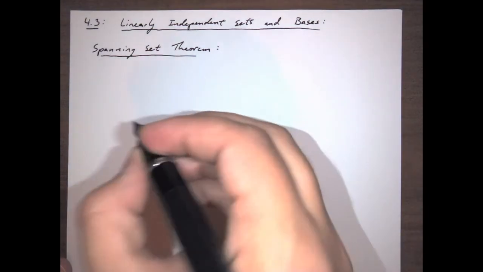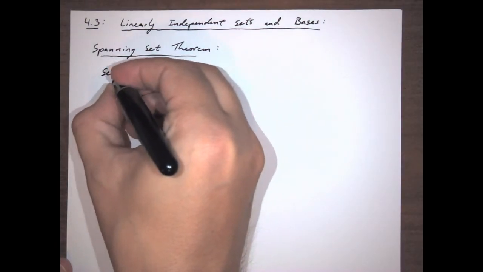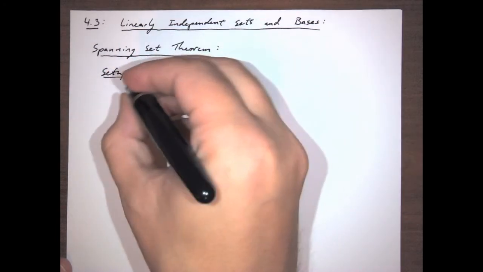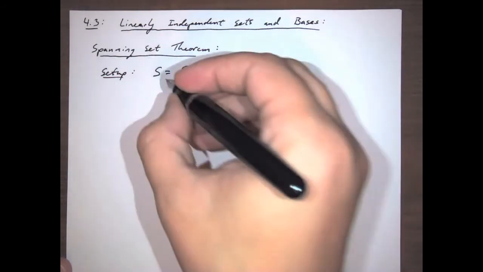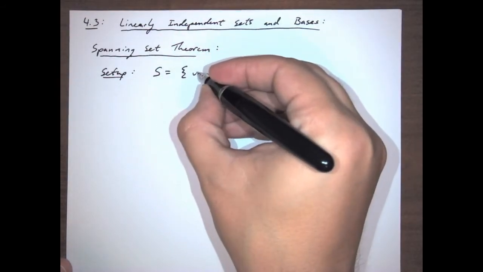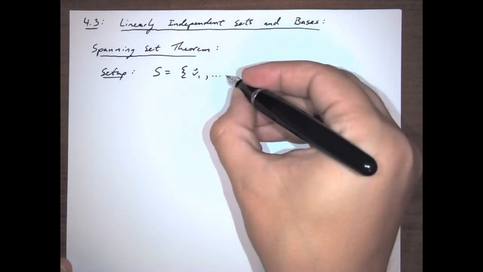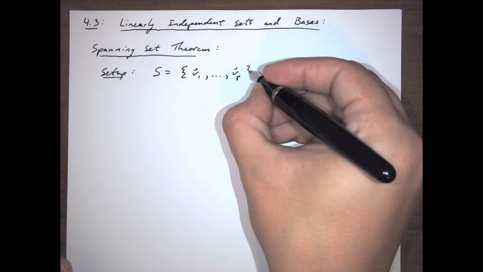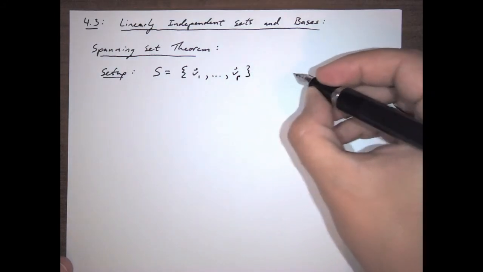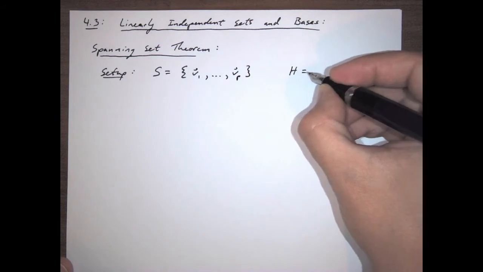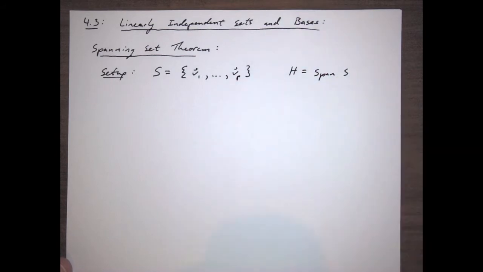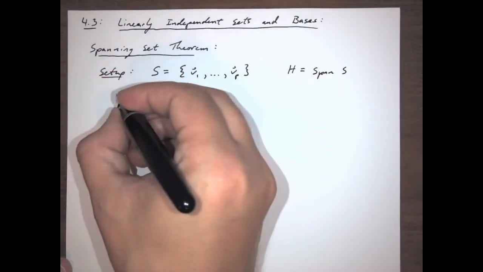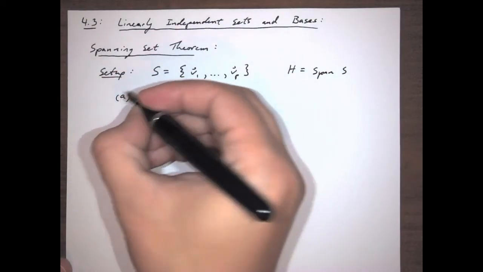Alright, so here's the setup. We're going to have a set S, which equals a collection of vectors v1 up to vp. And we're going to have another set, H, which is going to be the span of S, in other words, the span of v1 up to vp. Now, here is the spanning set theorem.